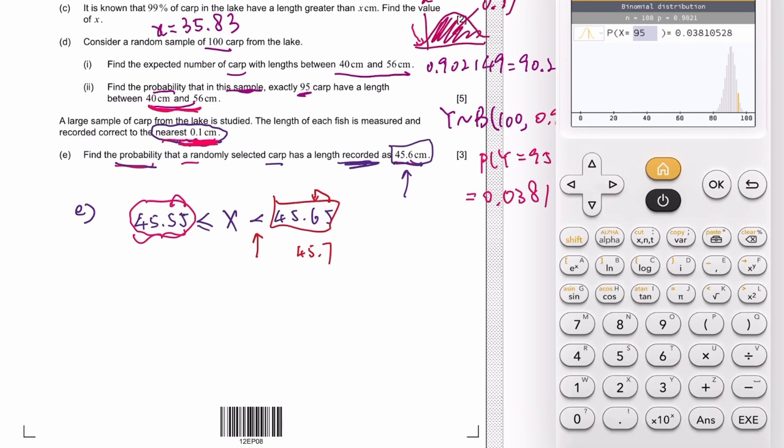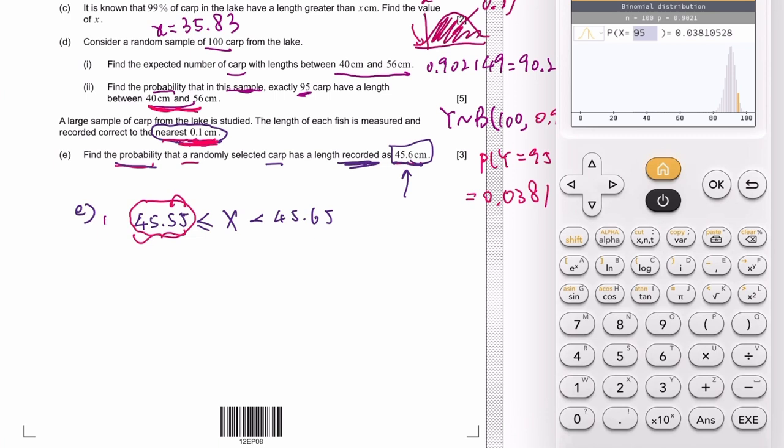But as long as it is a tiny bit smaller than 45.65, so imagine 45.64999, then when you correct to the nearest 0.1 cm, you look at the 4, and it will still be recorded as 45.6. Okay, so this is the range.